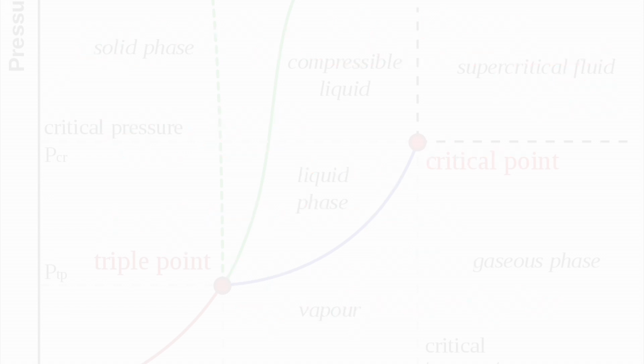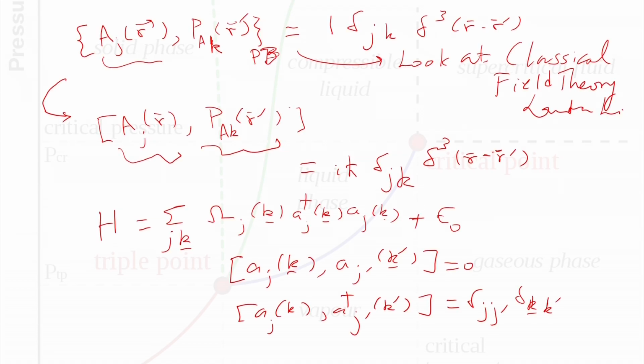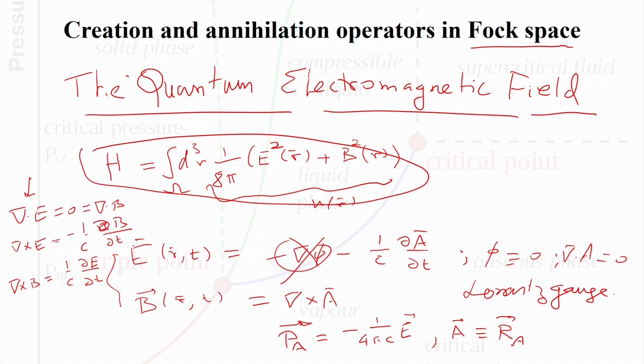Okay, so now I am going to do the following. I am going to rewrite this Hamiltonian. The idea is that this Hamiltonian first has to be written in terms of canonical momentum and canonical position. The canonical momentum is proportional to the electric field, and the canonical position is proportional to the vector potential. The scalar potential has been selected to be 0 identically because of the gauge choice.